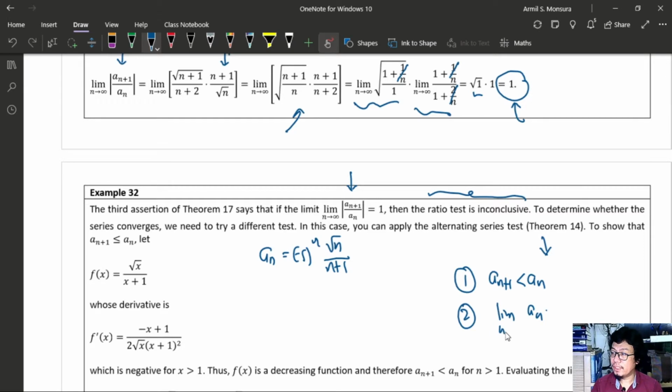The limit of the n term as n approaches infinity is 0. So that's Theorem 14. So how do we find if the terms are decreasing, or if the succeeding terms are less than the previous terms? Again, you can actually prove this analytically, or by finding the first derivative.